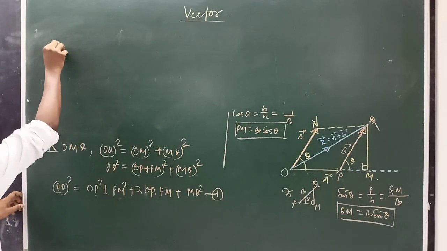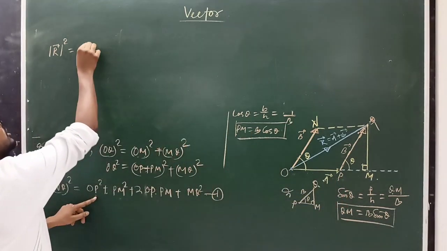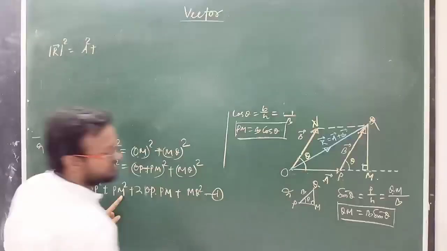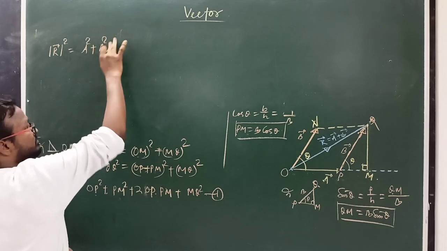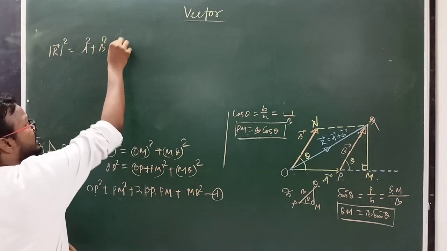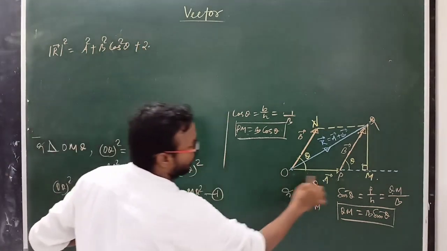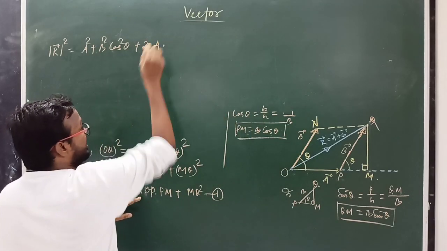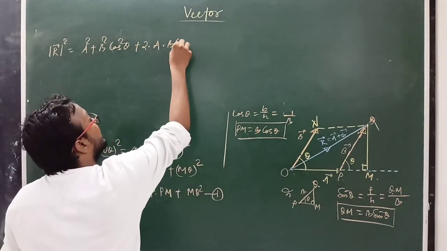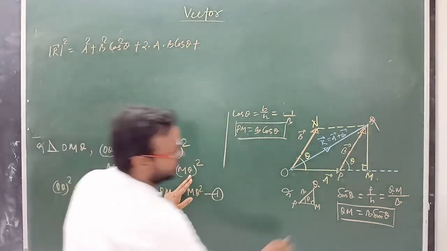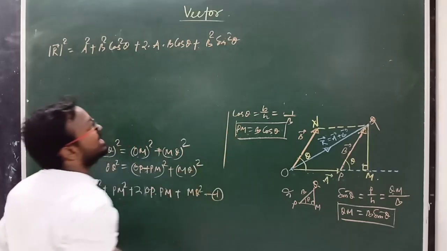So we can write the magnitude of R vector square equals OP, which is A, the vector magnitude, so A square, plus PM, which is B cos theta, so B square cos square theta, plus 2 into OP, which is A, only the magnitude, into PM, B cos theta, plus QM, which is B sin theta, so B square sin square theta.